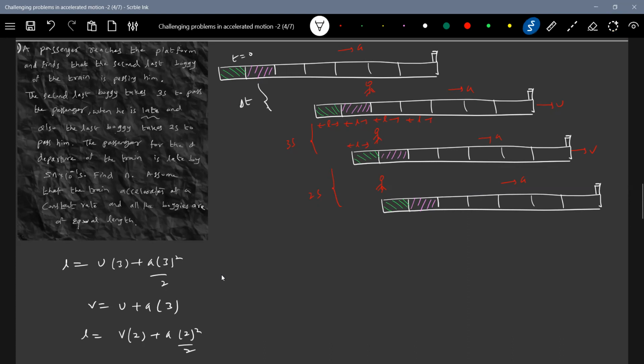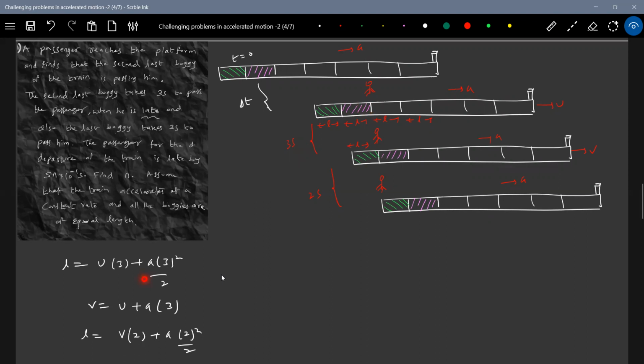So I think you can understand this equation. L is equal to, this particular bogie will cover a distance L, so this should be equal to u into 3 plus a into 3 squared by 2. By the time the bogie covers a distance L, the time taken will be 3 seconds.